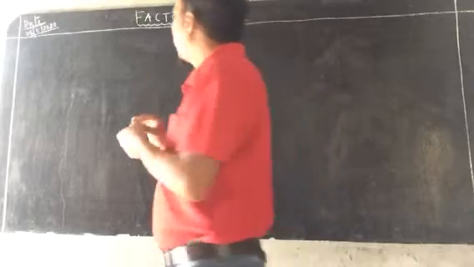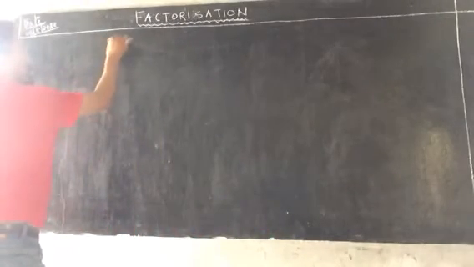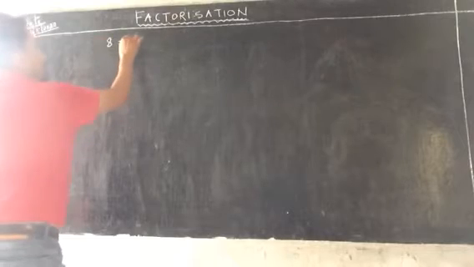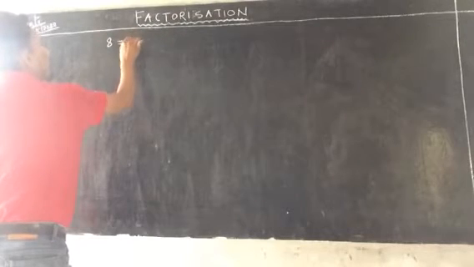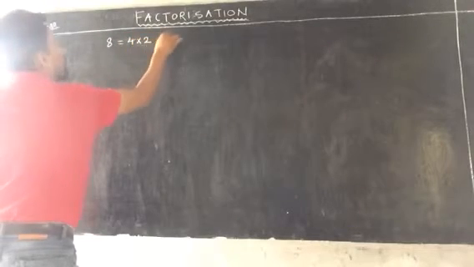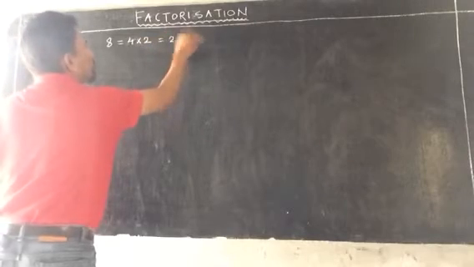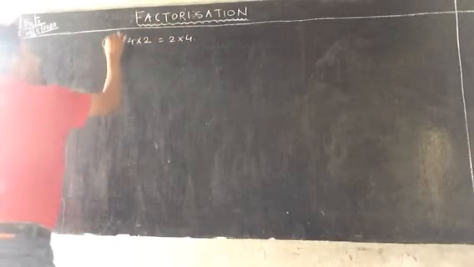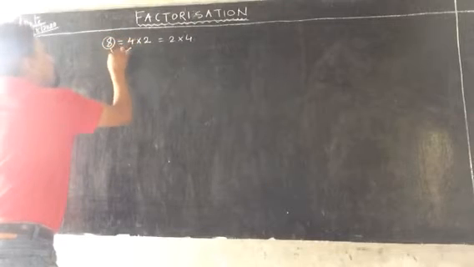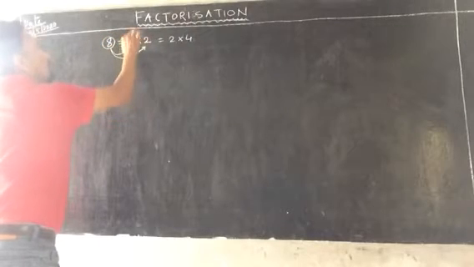Like 8 can be written as 4 multiply 2 or 2 multiply 4. So to write any number in the form of product of its factors.